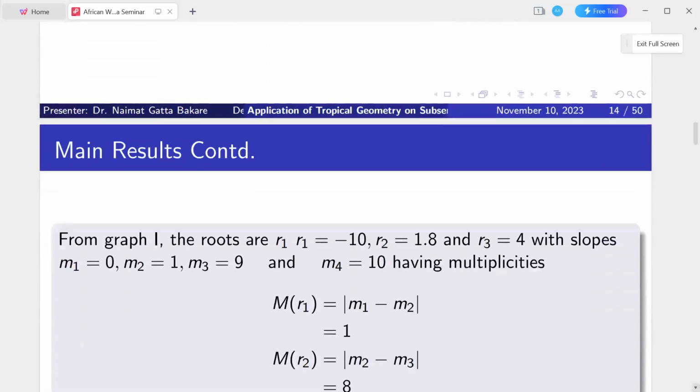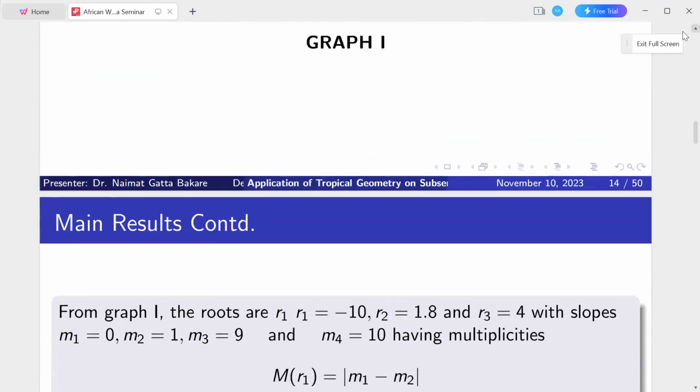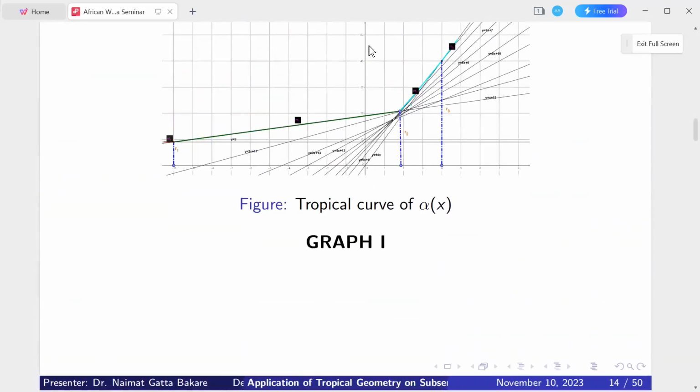So from the graph 1 above I showed you, we are able to find our roots. The root of 1, we have it as minus 10. If you look at the graph and trace our root down when we plot our graph in GeoGebra, we discover that at this point, our R1 intersects at the point where the S axis is minus 10.